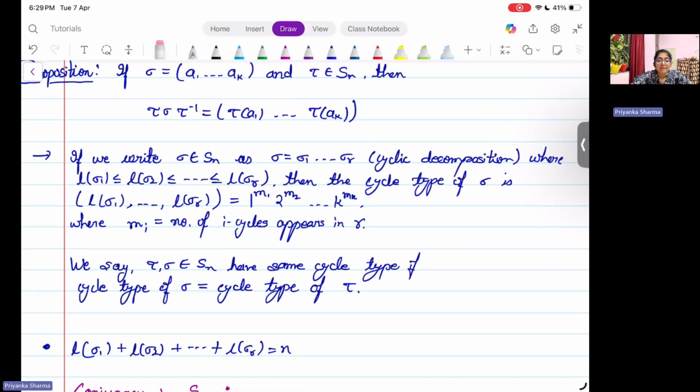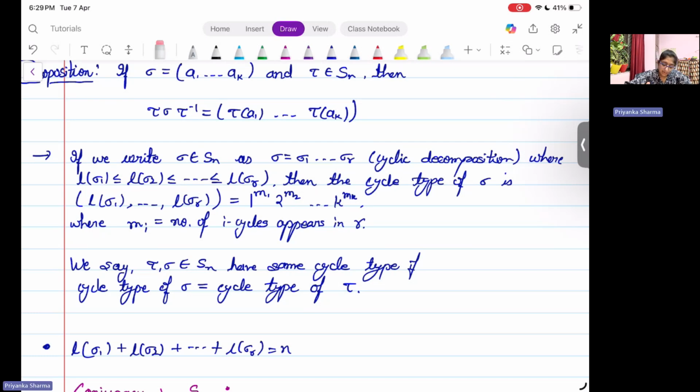And if we write sigma belonging to Sn as sigma equals sigma 1 up to sigma r, say this is the cycle decomposition of sigma, where length of sigma 1 is less than or equal to length of sigma 2, which is less than or equal to up to length of sigma r, then the cycle type of sigma is written as L sigma 1, L sigma 2 up to L sigma r.